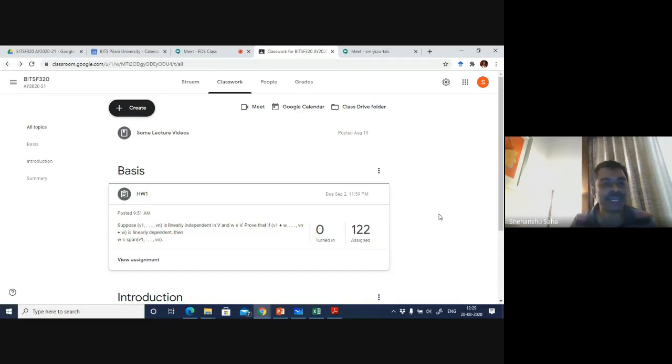This is the definition of linear independence. Okay, all right, so I have already given you 40% of the solution. You just have to fill in the blanks. It's just one problem.